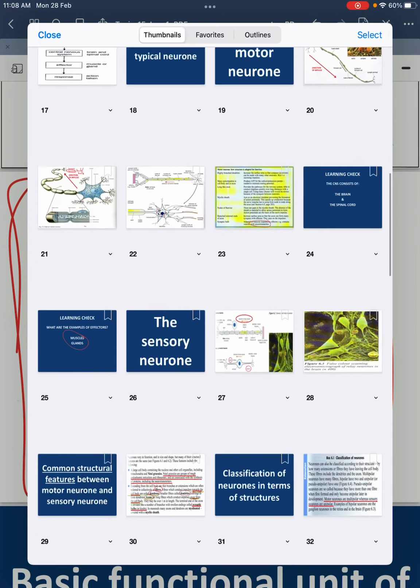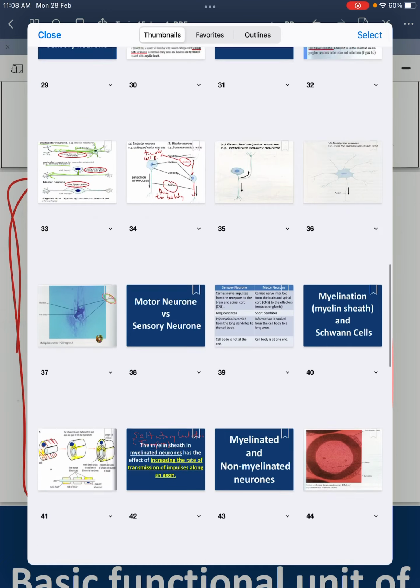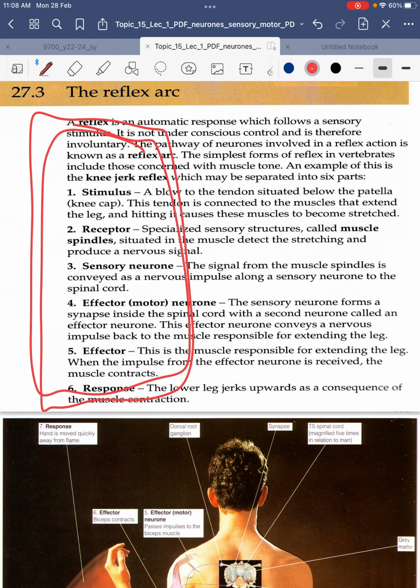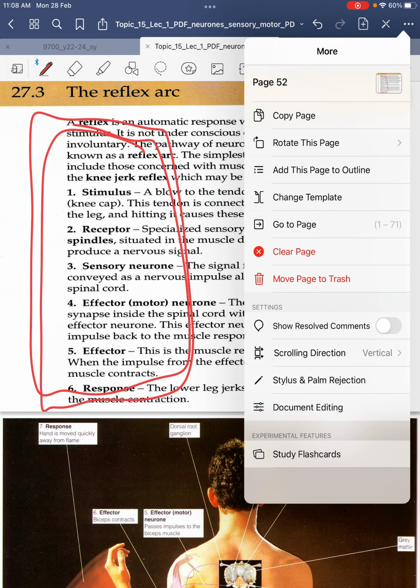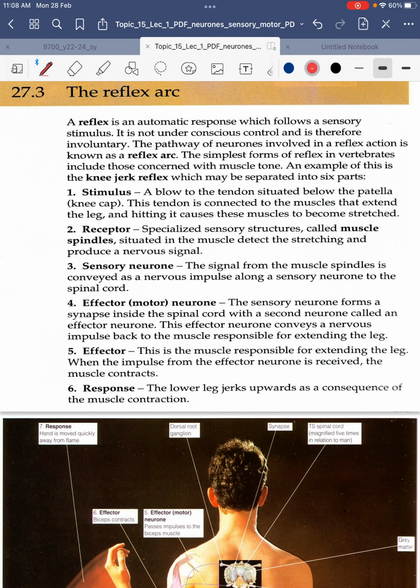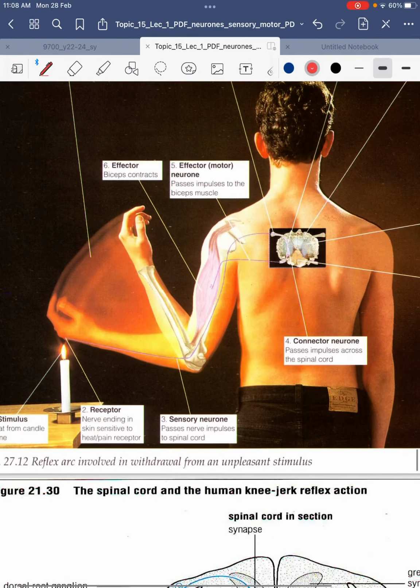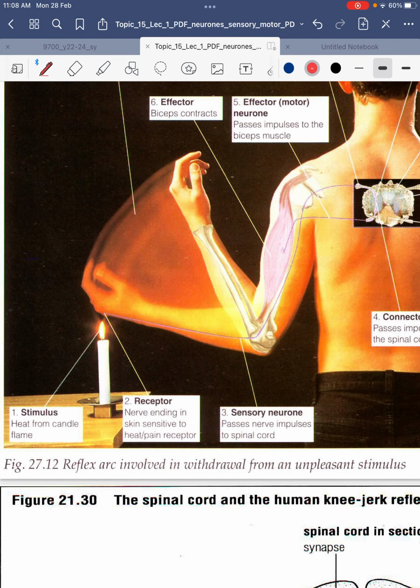I'm pretty sure you have heard of the reflex arc before, and we're going to use it here to understand the role of motor neuron, sensory neuron, and so on. So as you can see, you need a stimulus. The stimulus can be a sharp object, a hot surface. It can be anything. And then the receptor is found here.